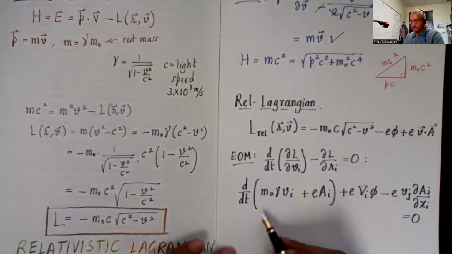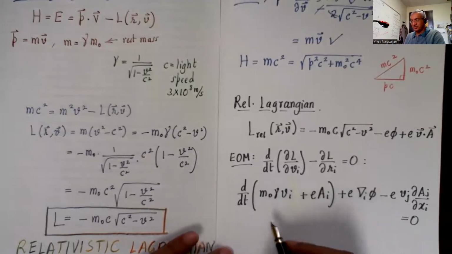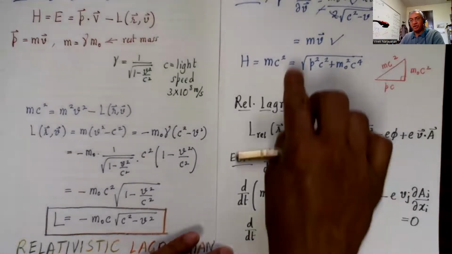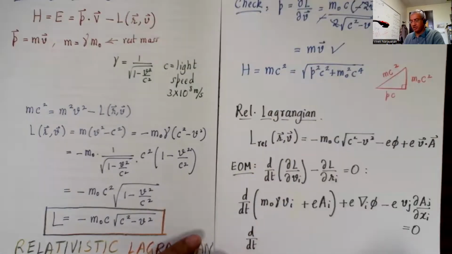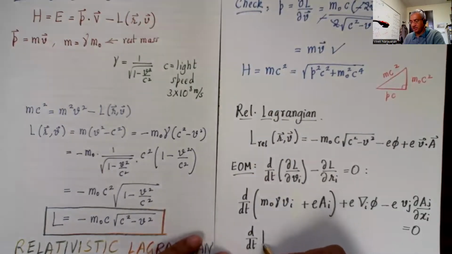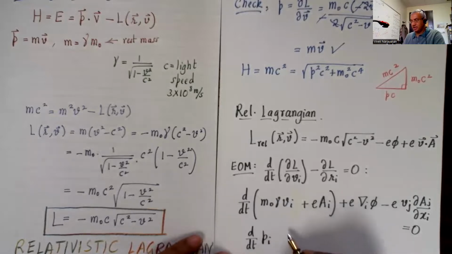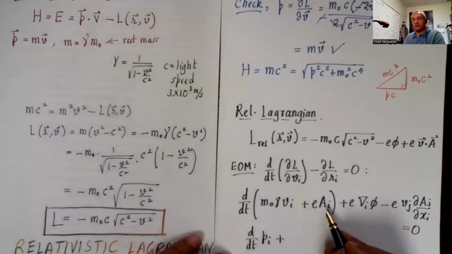So this is just the canonical momentum. So that's d by dt of the ordinary momentum p, which is mv, so this is p_i. And then I have this term, so this gives me plus d by dt of E A_i.